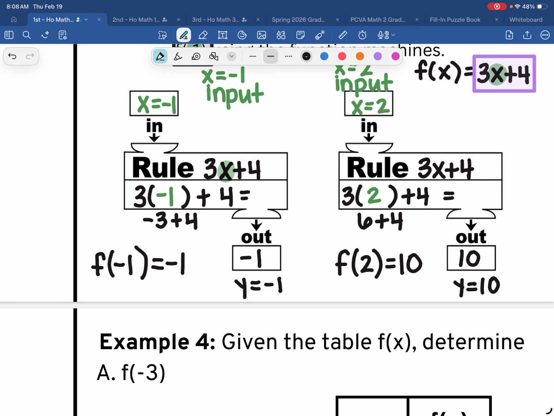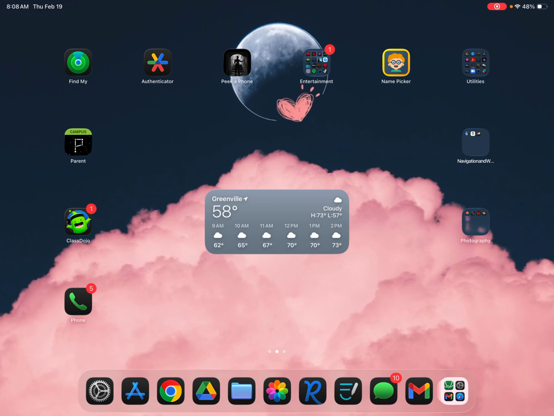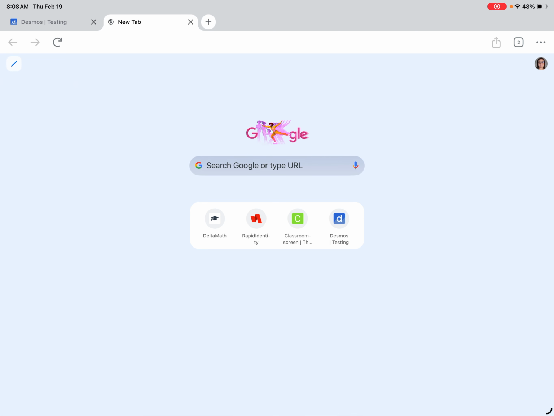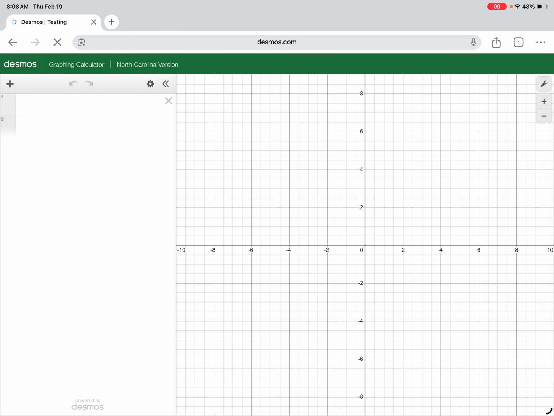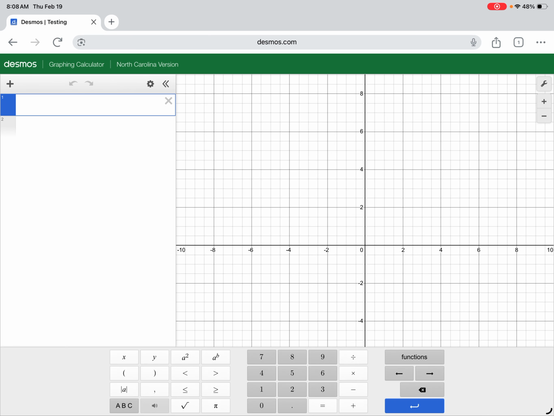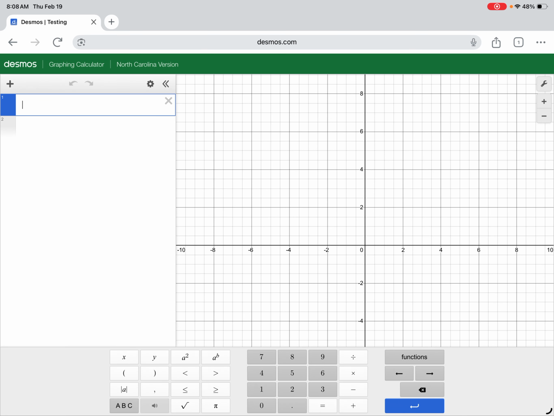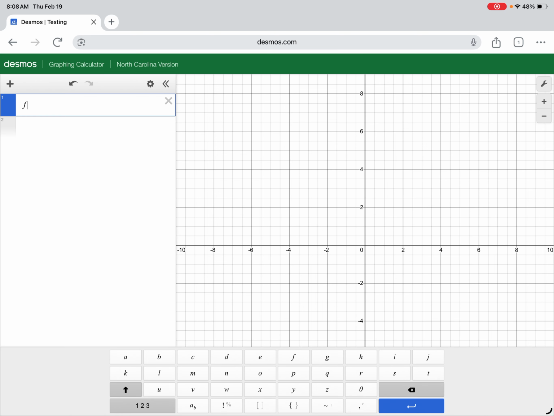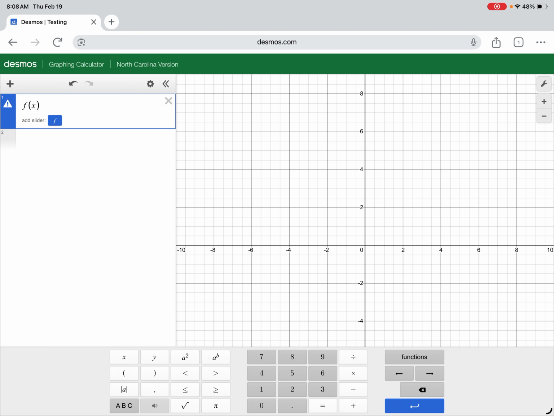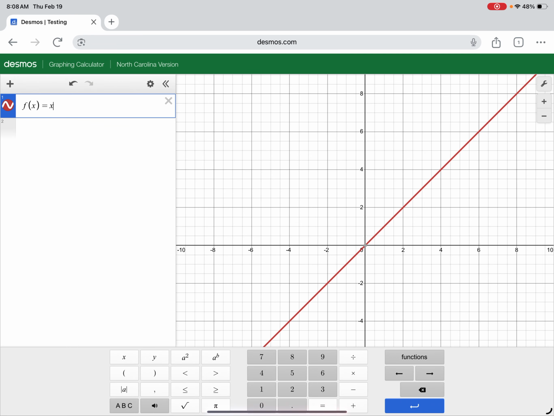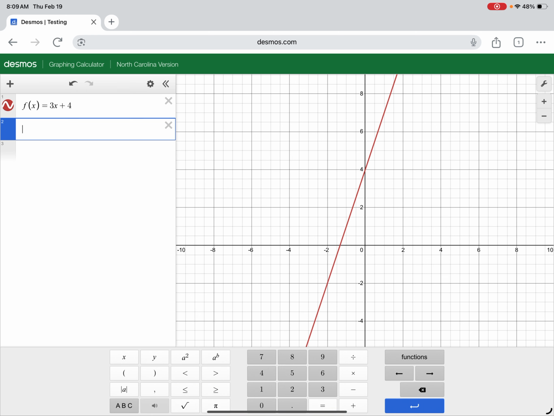Now, if I look at this graphically and I go to Desmos, the original f of x, I can type f of x or I can type y. So if I put in f parentheses of x and I put in 3x plus 4, the original number that we got was -1.